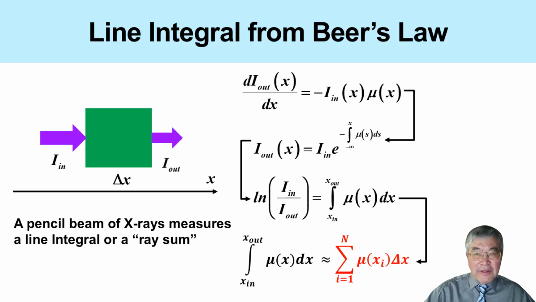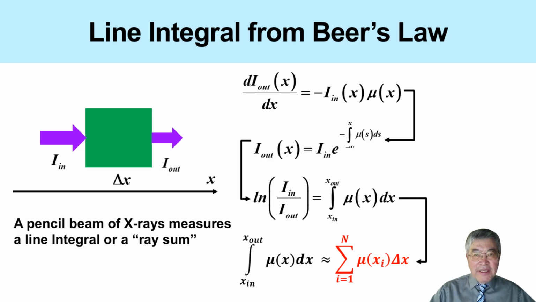If we solve this differential equation, we obtain Beer's law. For monochromatic X-rays, the relationship between the incoming and outgoing intensities is exponential. The exponent contains the line integral of the attenuation coefficient along the X-ray path.